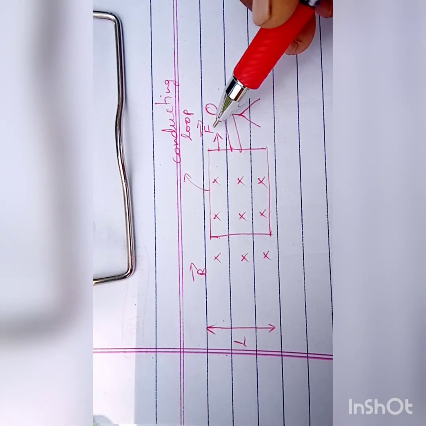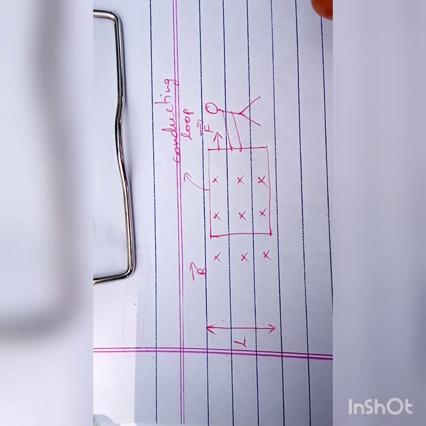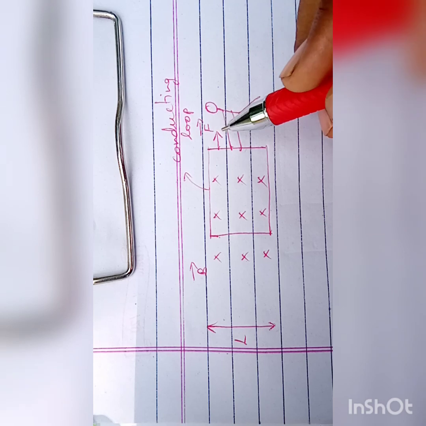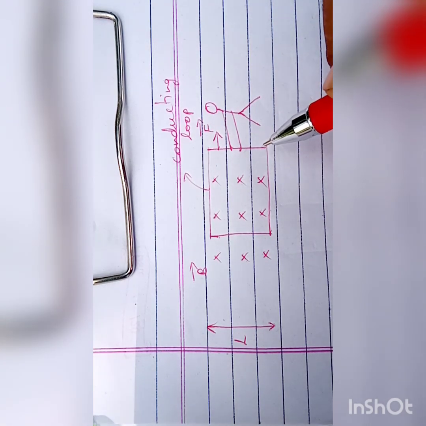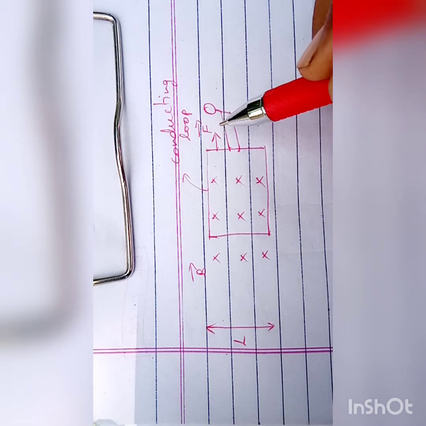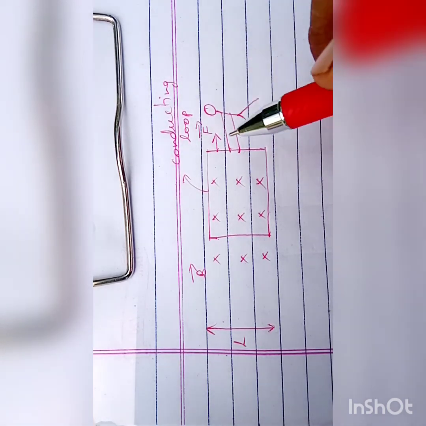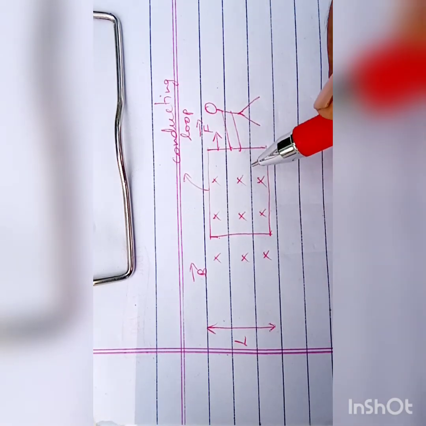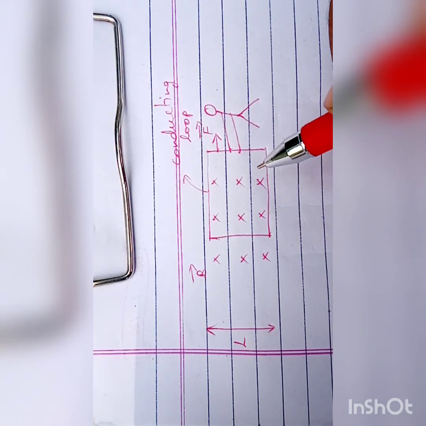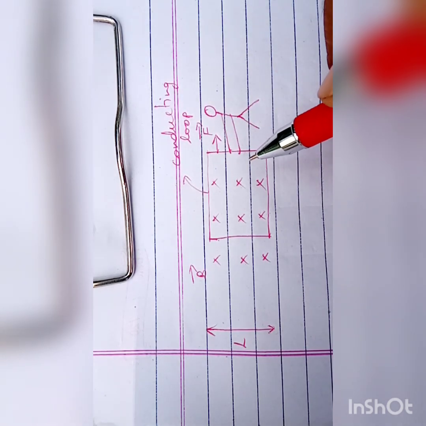I mean, this force is constant. Okay, so when he exerts a constant force on the loop, let us see what happens. Because of this force, initially the loop starts to move towards right, so therefore magnetic flux through this loop decreases, and this induces an EMF and hence current.